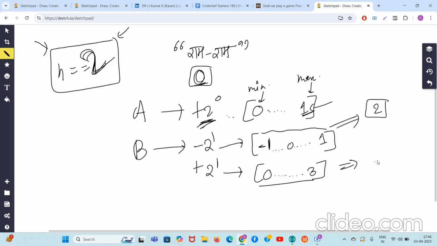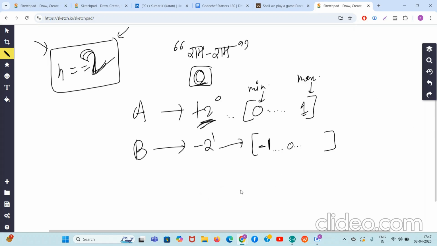But this range is of length 3. Bob wants this. Bob will try for a larger range. So Bob will do plus 2 raised to 1. So it's clear to us that Bob will do plus 2 raised to 1. Okay. So it will be 0 to 3.